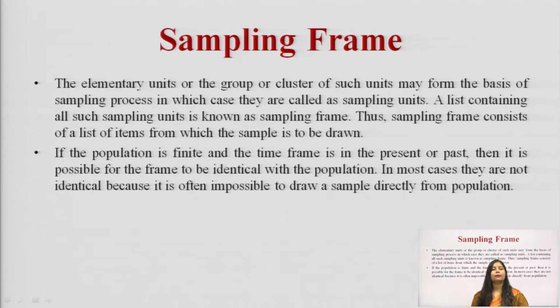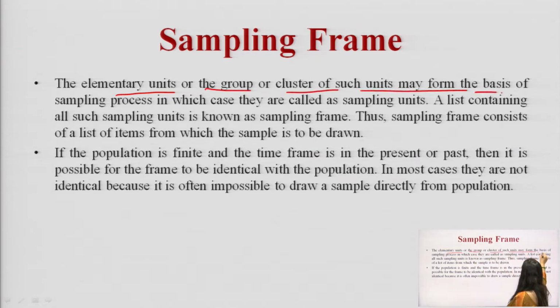Then what is a sampling frame? The elementary unit or the group or cluster of such units may form the basis of our sampling process, and in such cases may be called a sampling unit.